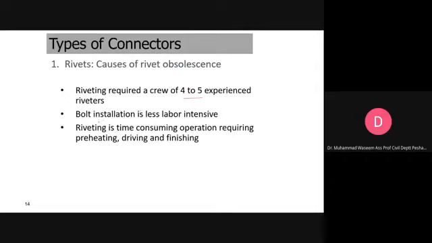On the other hand, we have shifted from riveting to bolts. Bolt installation is less labor intensive compared to rivets. Riveting is a time consuming operation requiring preheating, driving, and finishing. That's why we have now shifted to bolting.